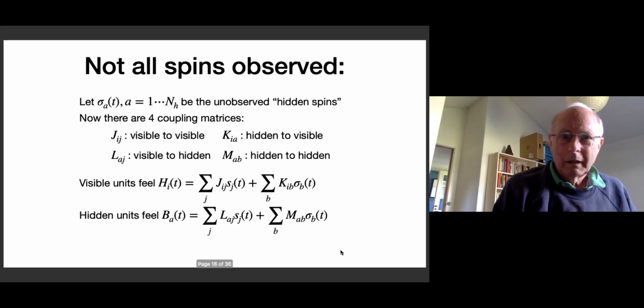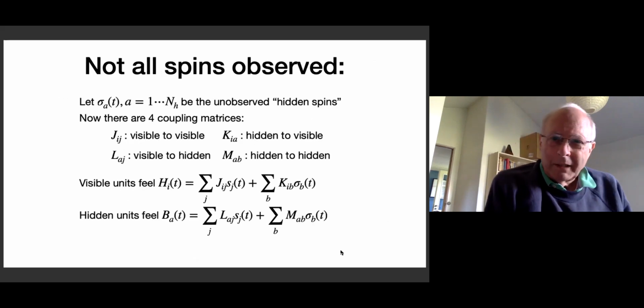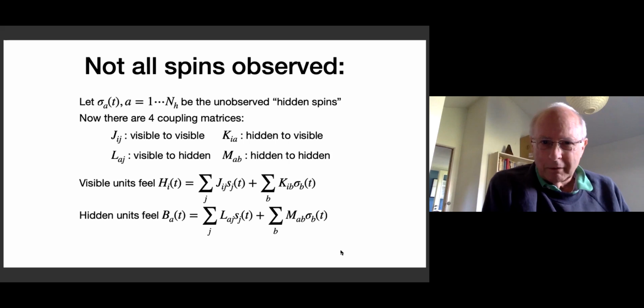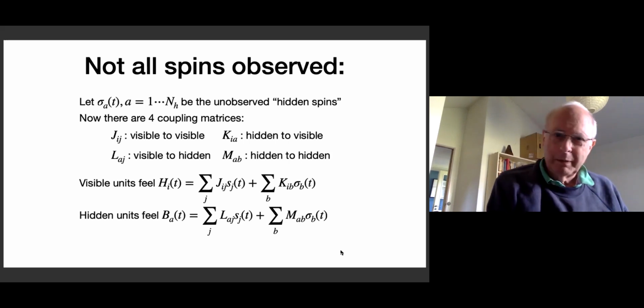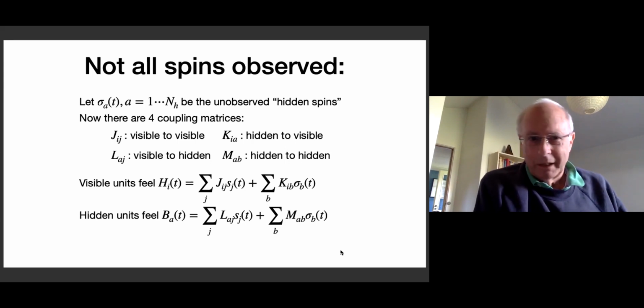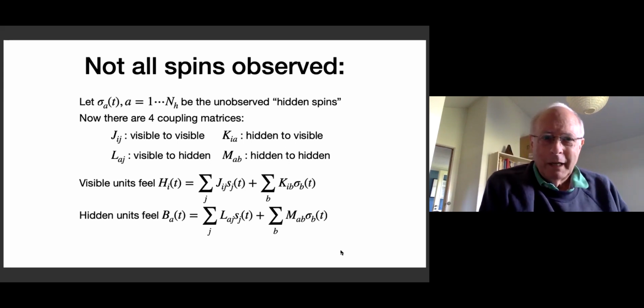The problem gets interesting when we don't have all the spins observed. Suppose we have a whole bunch of spins that we have measured in the way I just described, but now I have a bunch of spins, which I'll call sigmas, and we'll just call them the hidden, or unobserved, ones.